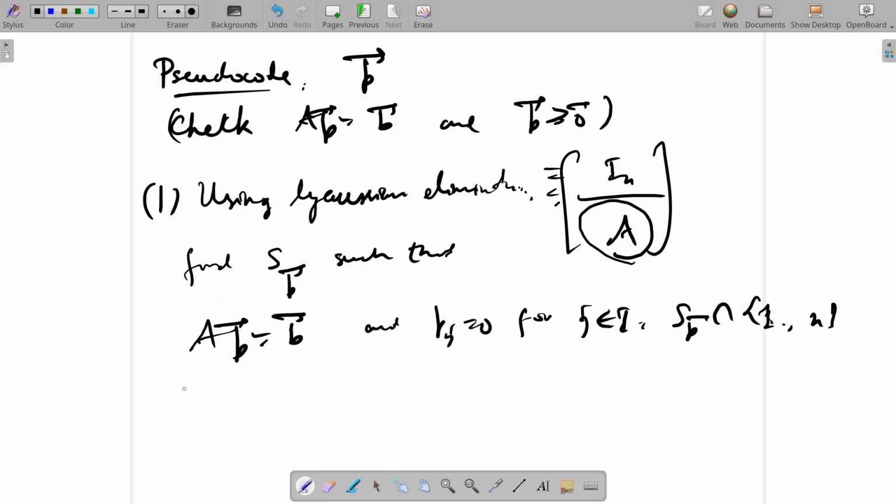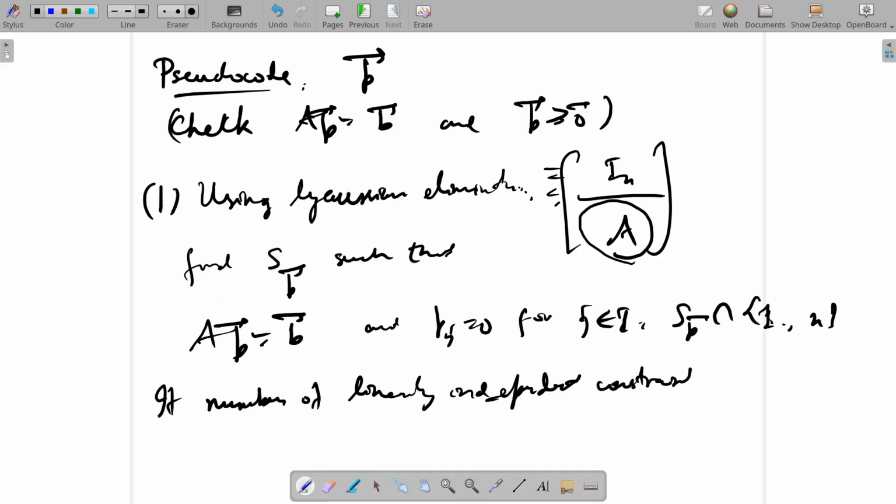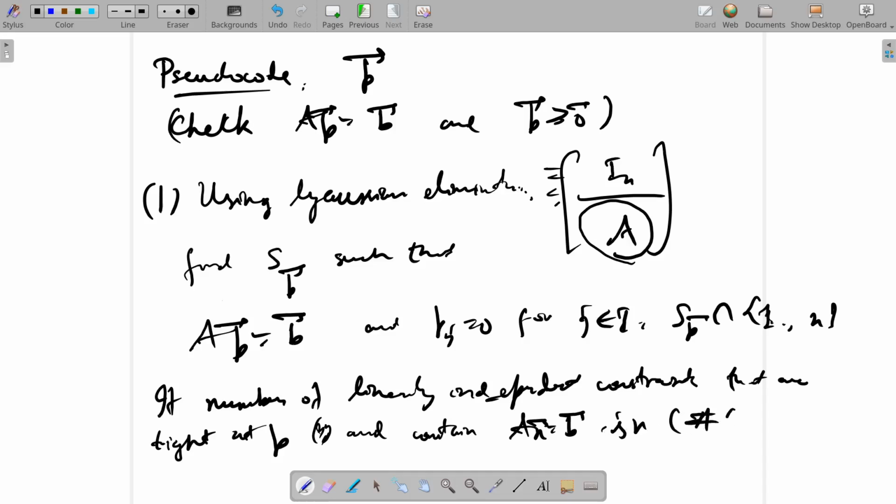All right. So now this is not the full step one. Here you have to make a decision. If the number of linearly independent constraints that are tight at P, that is, tight at P and containing Ax equals b, is n, in other words, if the cardinality of S_P is equal to n, terminate.